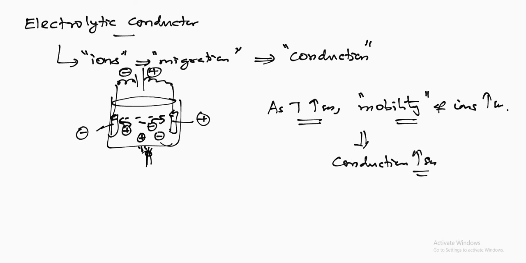This is the basic difference between metallic conductor and electrolytic conductor. In metallic conductors, electrons are responsible for conduction, whereas in electrolytic conductors, ions are responsible. In metallic conductor, when temperature increases, conduction decreases, whereas in electrolytic conductor, when temperature increases, conduction increases.